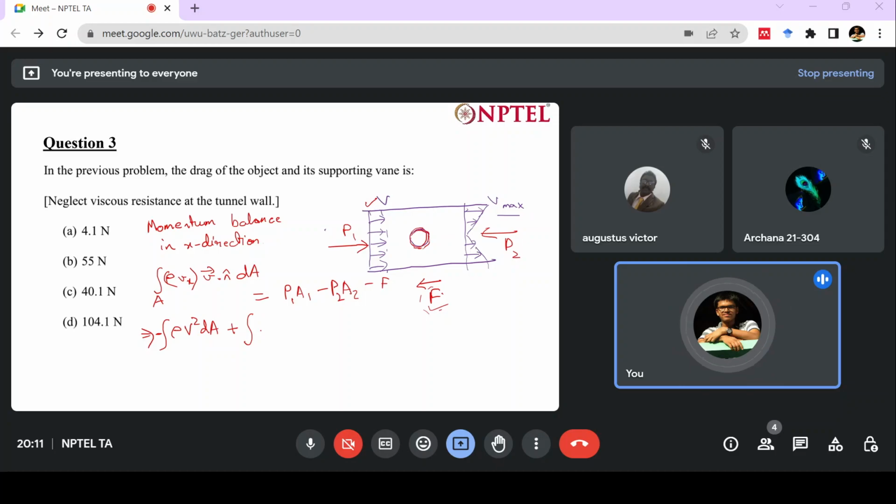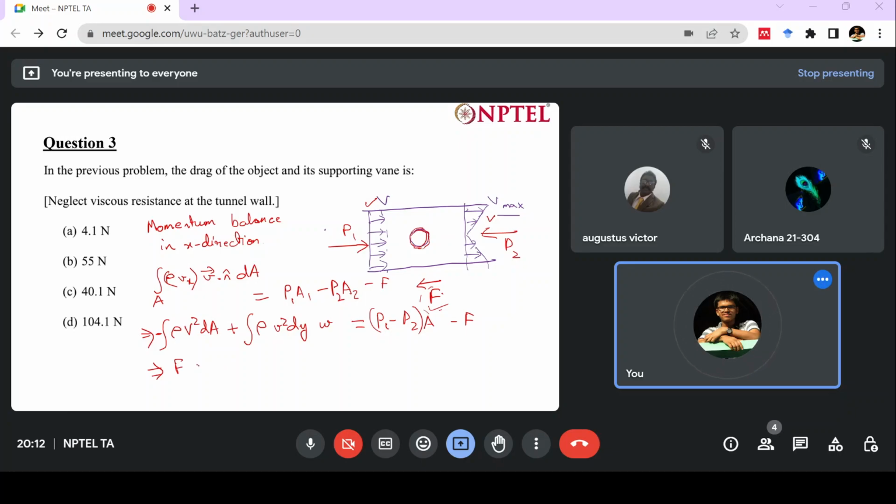In this second surface, I have rho, I will have V square dy, and I will have this width, unit width. Again, this V square dy, our velocity profile is given. So from the velocity profile, I can integrate this and find out my expression for V square dy. This is equal to P1 minus P2 into A minus F. So this is what is basically asked.